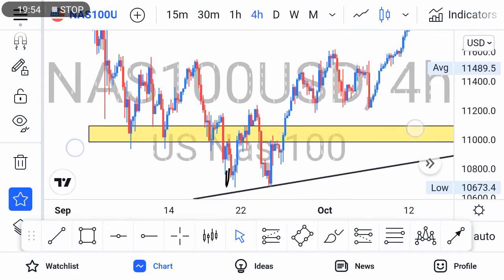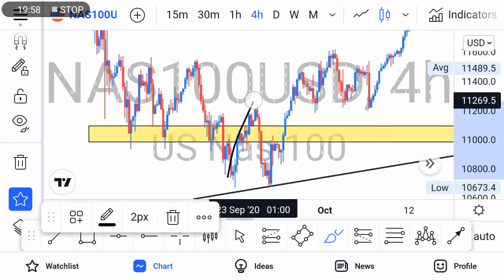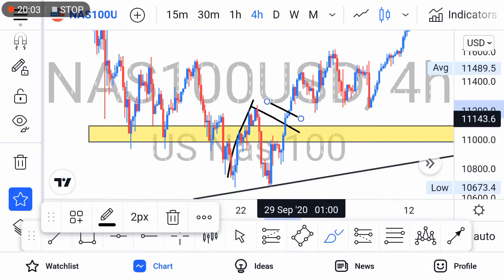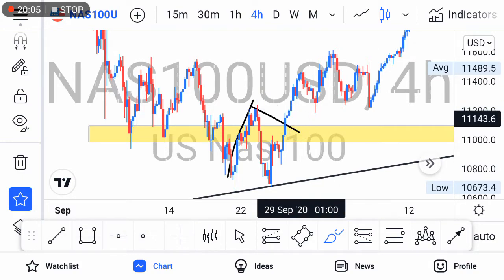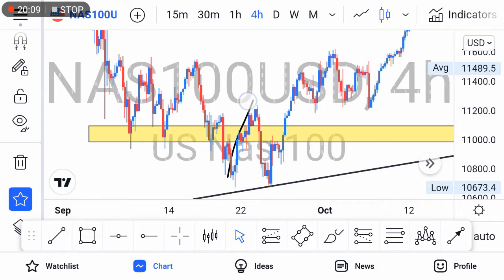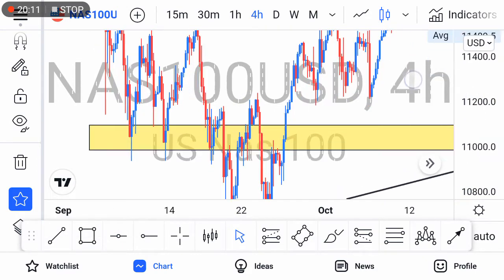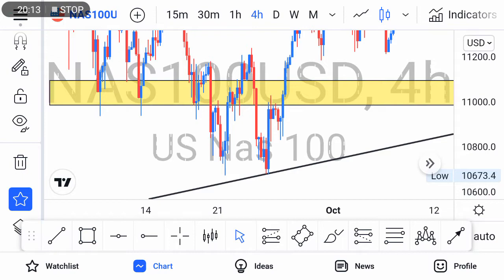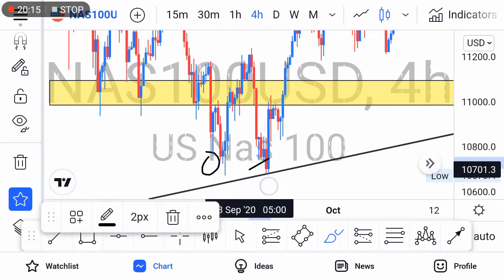Instead of price breaking our resistance zone to give us a retest, what did price do? It gave us a double bottom.